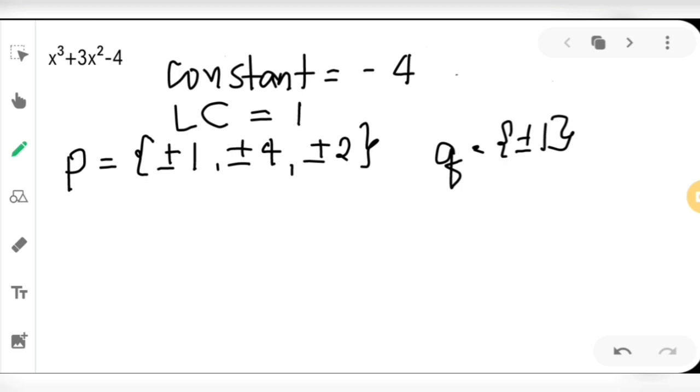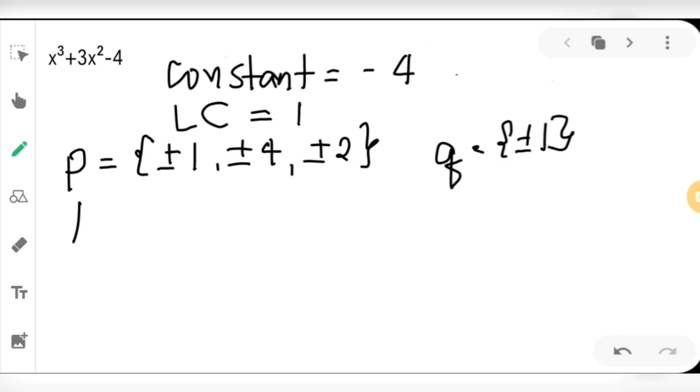Now in this case, the factor of our leading coefficient is 1. That means when we divide a number by 1, the answer is equal to that number. So that is why the possible rational roots of this polynomial are the factors of our constant.